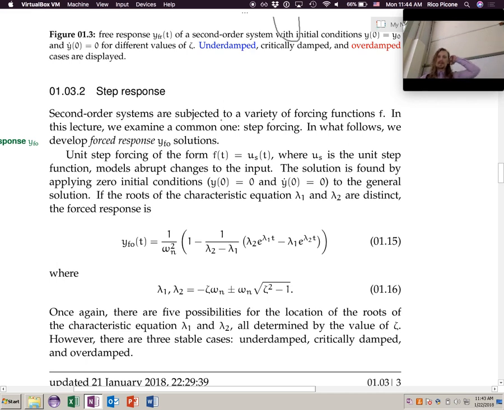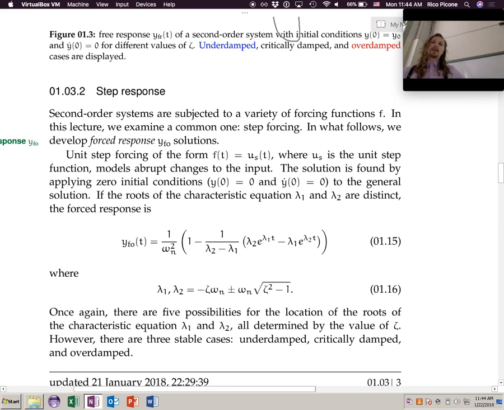Unit step response, or step forcing of the form U(t), where U is the unit step function, models abrupt changes to the input, right? We talked about that in the first lecture. The solution is found by applying zero initial conditions to the general solution, and that's what we need to develop.